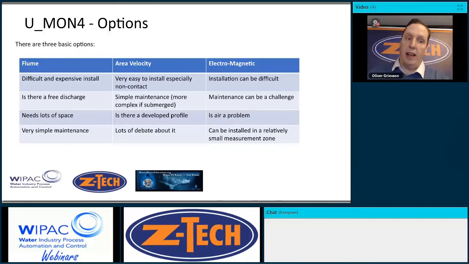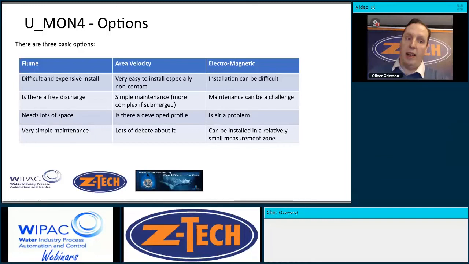In the picture in the middle, you have the overflow from a balance tank. How on earth do you monitor that? And the bottom picture is of a very small works where the storm weir is actually set within the primary settlement tank. When I say a small works, it really is a very, very small works.